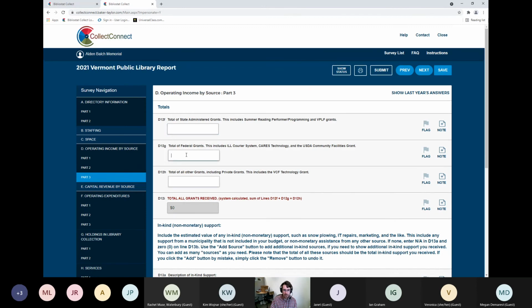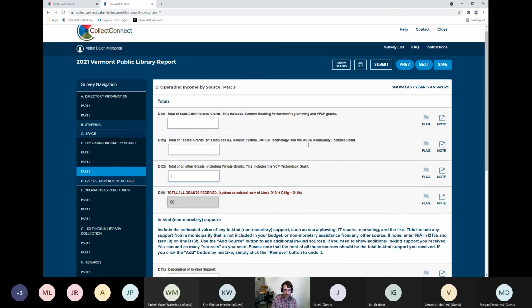So the totals are for state administered grants, federal administered grants, and all other grants. And it sort of coaches you on which fall into those categories. So there's at least fewer questions this time around, and we just need totals. They were getting totaled up anyway, so this hopefully is relatively straightforward. But if you have questions about any of that, obviously let me know.